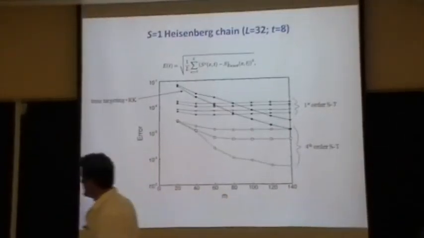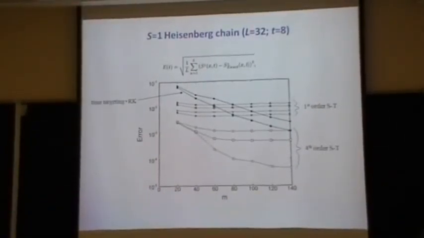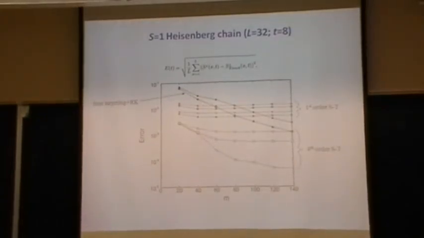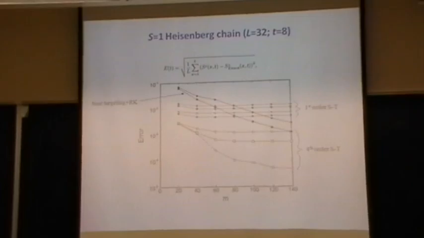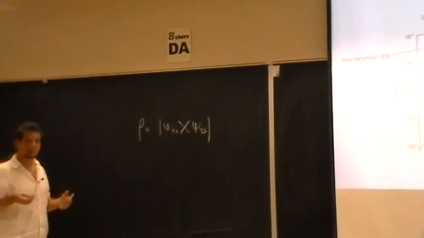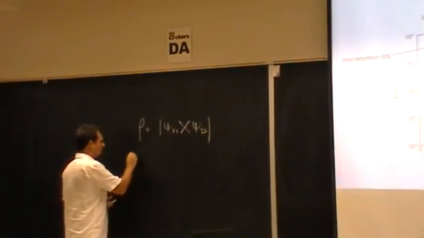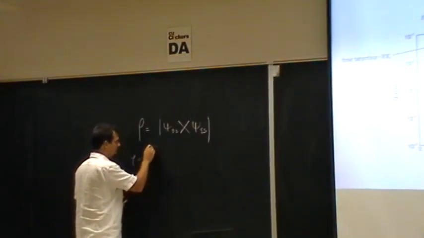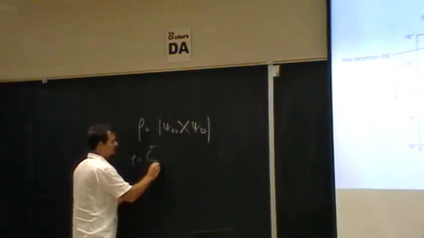So our density matrix is built, it's defined as states, right? Typically, when we do the DMRG simulation, it's the ground state. Now, if we need to target many states, it means that we need to write the density matrix as a mixture of several states.